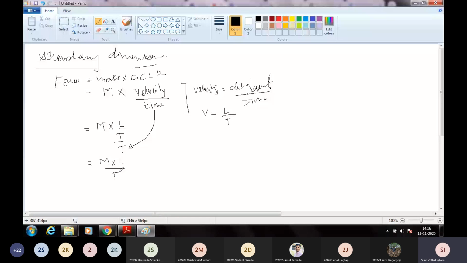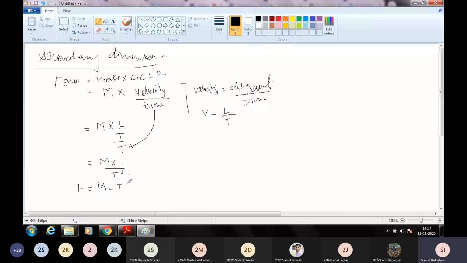We can write this. So in dimensional analysis, we represent force F as M L T raised to minus 2.